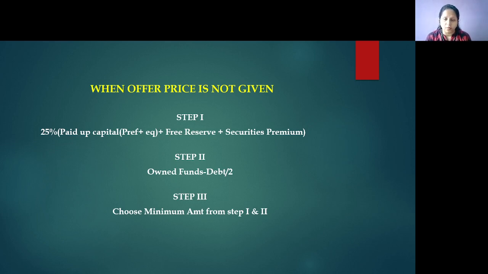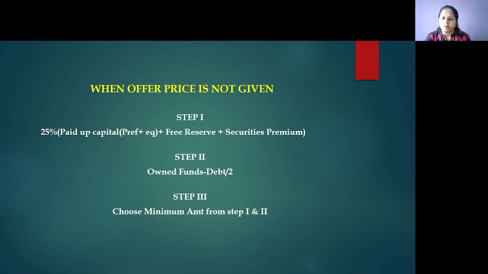But here we don't have the offer price, and we don't have the number of shares, so we cannot follow step 3. Step 3 will be eliminated, that formula will be eliminated, and we will consider only 2 amounts, step 1 and step 2.